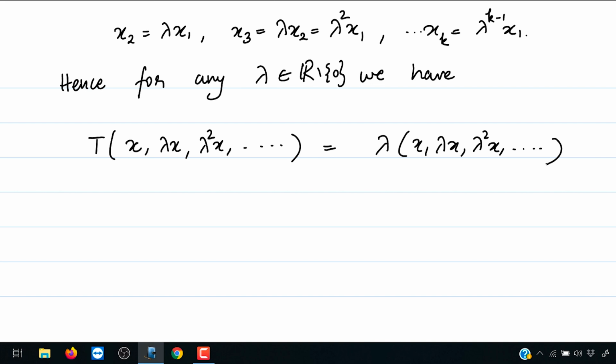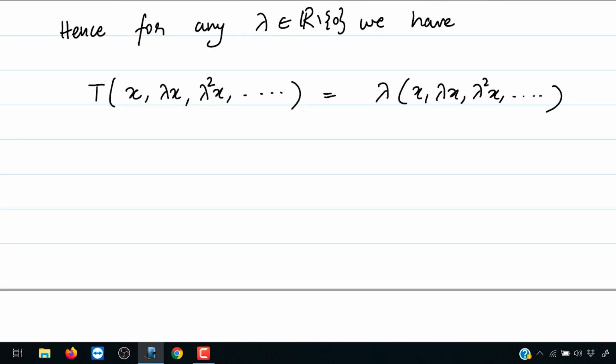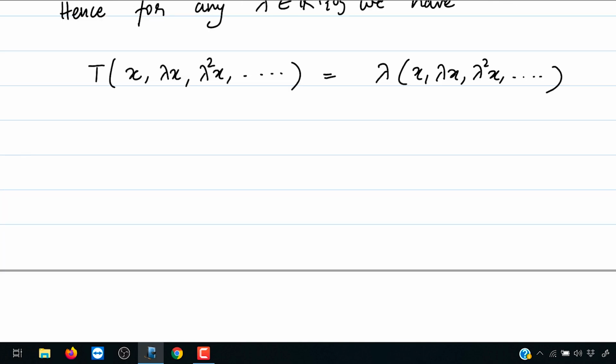And what will be the eigenspace corresponding to the lambda here? That will be the subspace generated by these elements. Okay, let me not talk about eigenspaces, that's something which maybe I should drop from the problem as well.